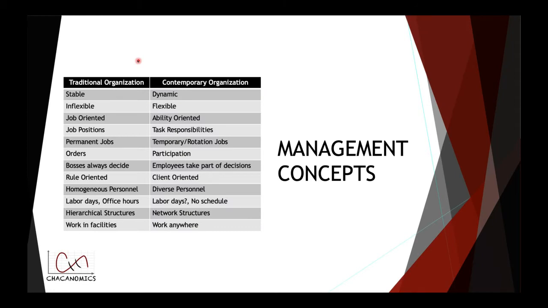Nowadays, there are two types of organization: the traditional organization and the contemporary organization. The traditional organization is stable. It is inflexible in its processes and schedules. It is job-oriented and it has just job positions. It means that each person has a job and they have to do it.